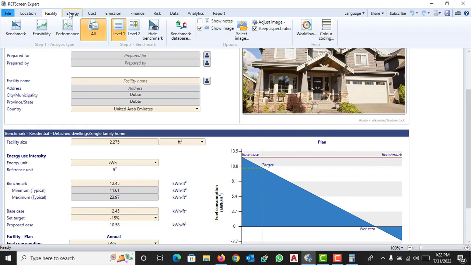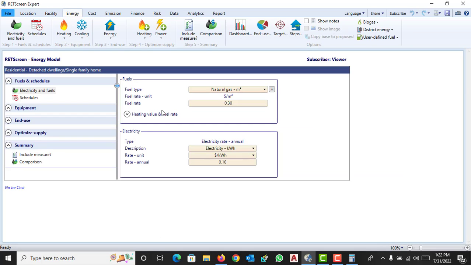Next, you will move toward the energy. From here, first of all, you have to put your fuel rate. If you are dealing with your fuel as natural gas, you must know your fuel rate in your country, how much the fuel rate per meter cube of your gas consumption is.